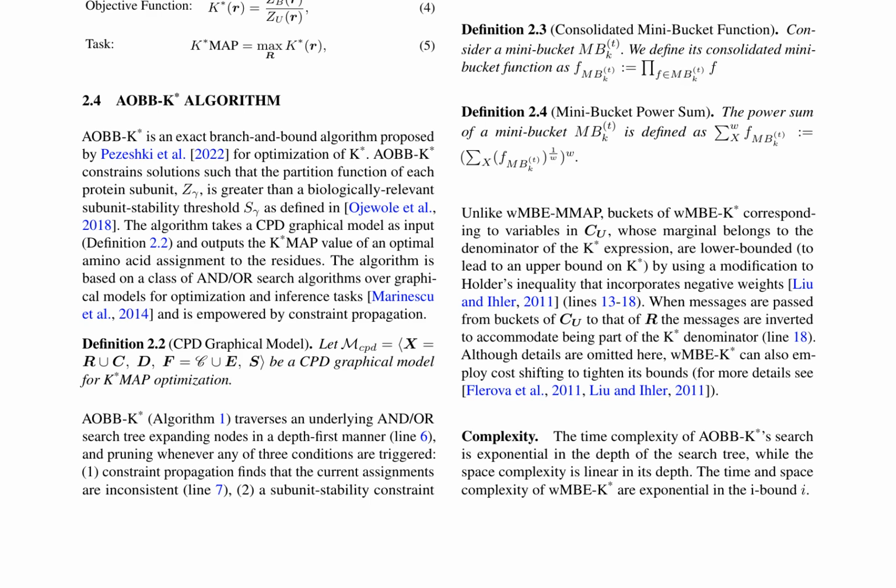WMBE-K* takes a variable ordering that constrains maximizations to be processed last and partitions functions into buckets, making a bounded approximation for buckets with a large width. The time complexity of AOBB-K* search is exponential in the depth of the search tree, while the space complexity is linear in its depth. The time and space complexity of WMBE-K* are exponential in the i-bound i.